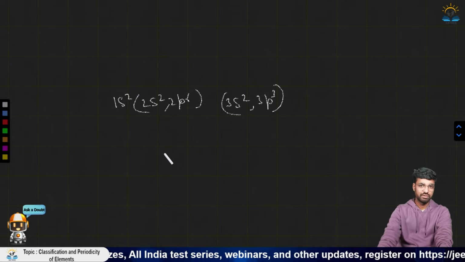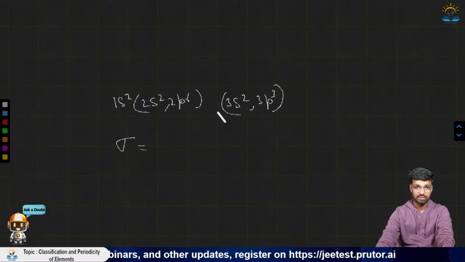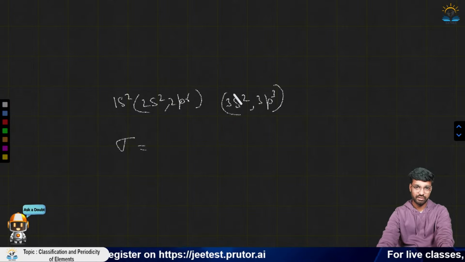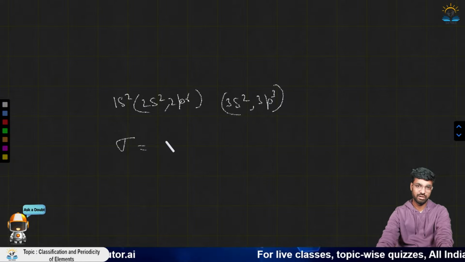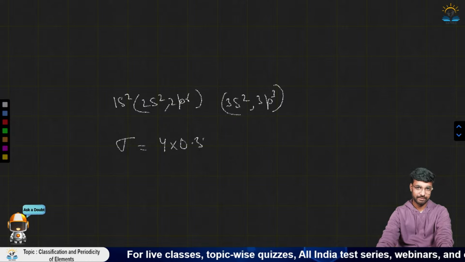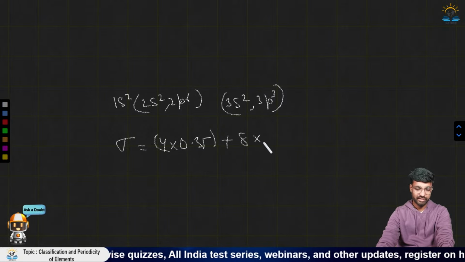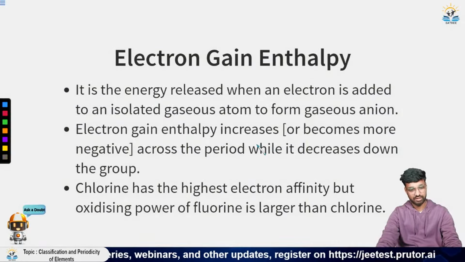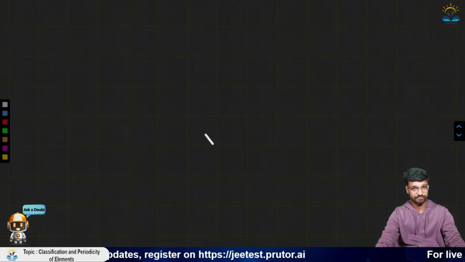Now if we calculate this constant, sigma, for the 3p3: this group has 5 electrons, but we have to calculate for one electron, so we take the others, that is 4 into 0.35. Then moving to the inward group, we have these 8 electrons, and its contribution was 0.85.